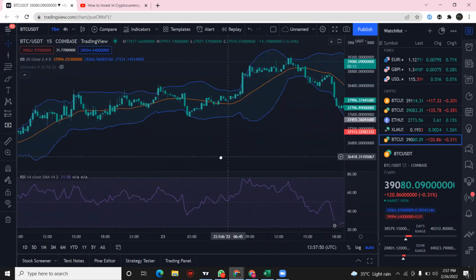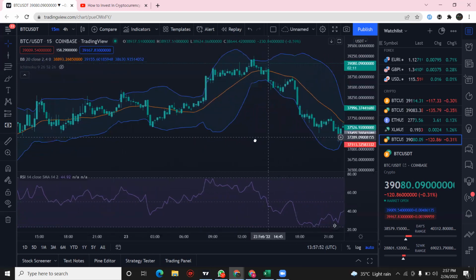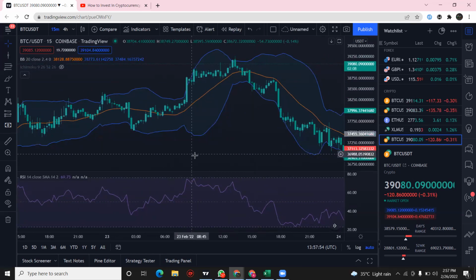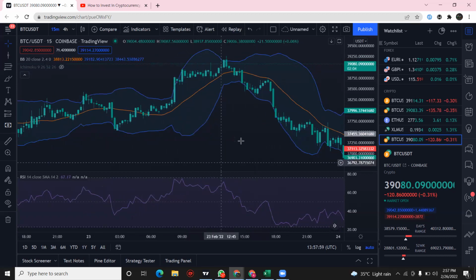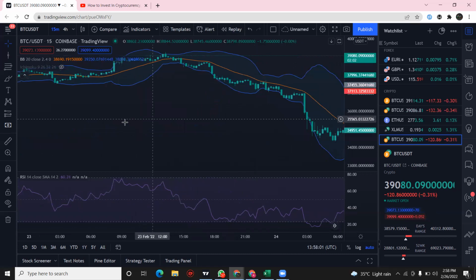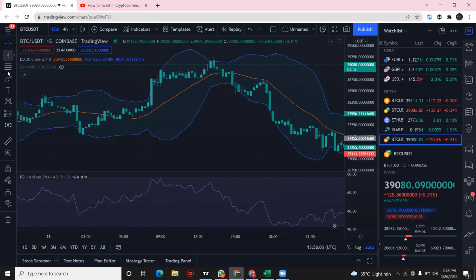Let's look at another one. See this one touch like this. Can we see this one touch? Realize it touched. Let's check it out.